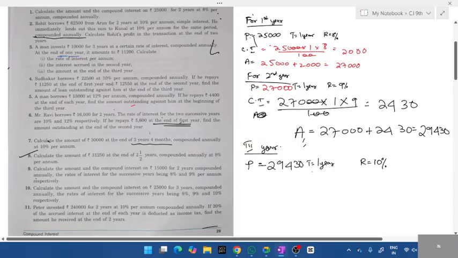Time, rate. What about rate? 10. Then how do you calculate?